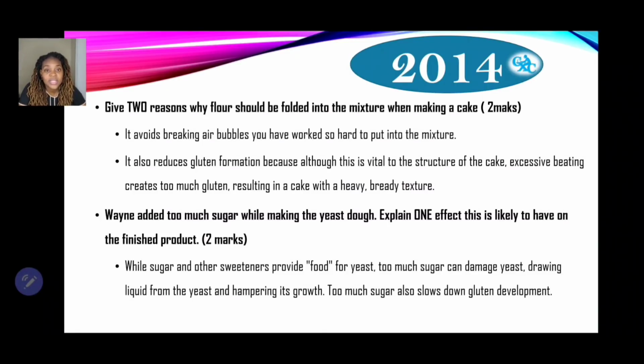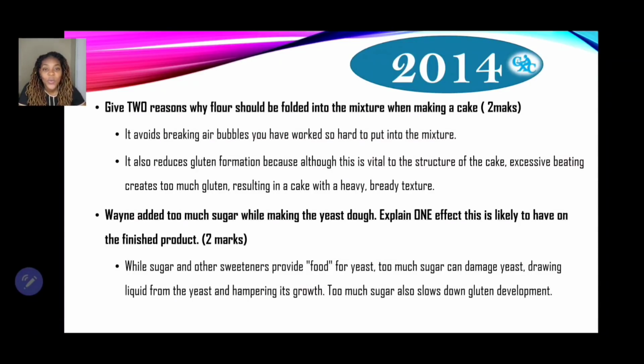Now also, it reduces gluten formation, because although this is vital to the structure of the cake, excessive beating creates too much gluten, resulting in a cake with a heavy, bready texture, right?